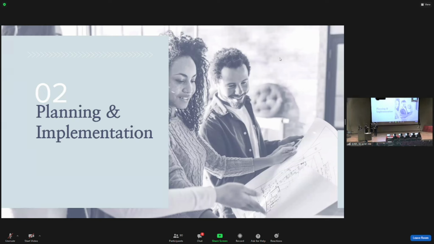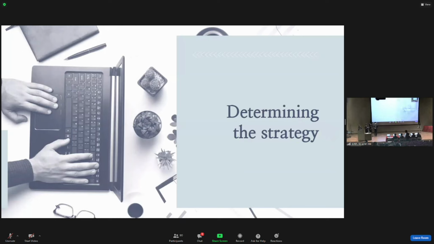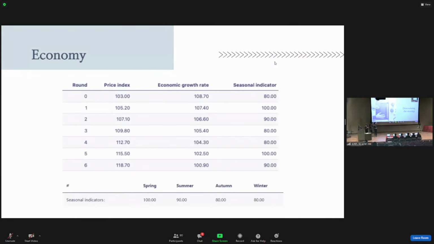Thank you, Vanessa. So now Jenny and I will talk about the planning stage and implementation of our strategy for today's game. In determining which strategy to use, we first have to look into the background information in the first round, such as the price index, economic growth rate, and seasonal indicator. As for today's game, the initial economic growth rate would be 108.7, as you can see from the top part.